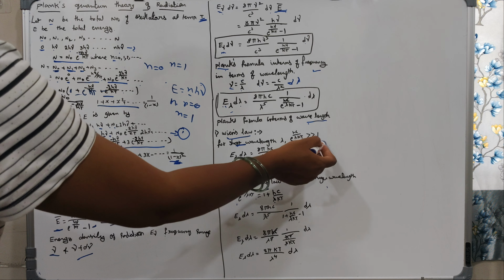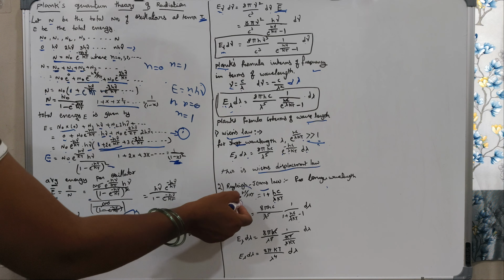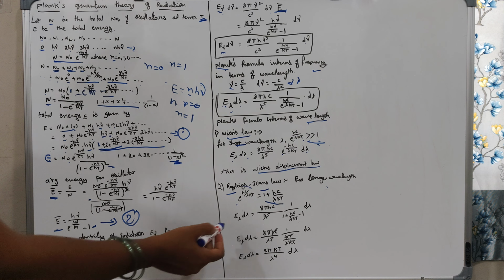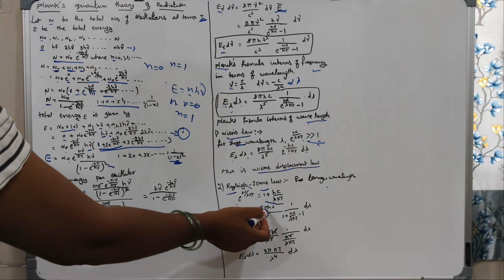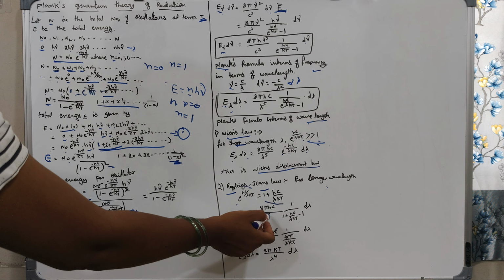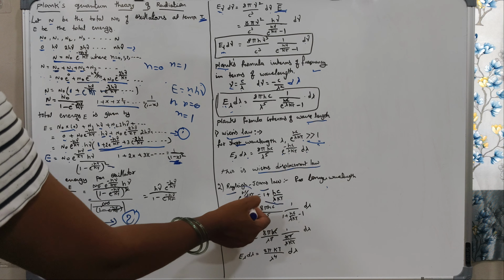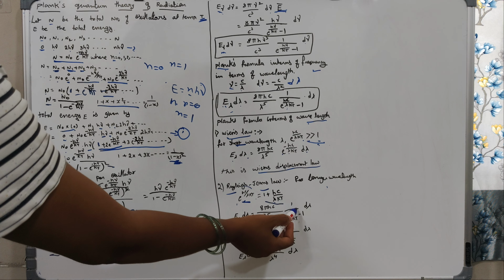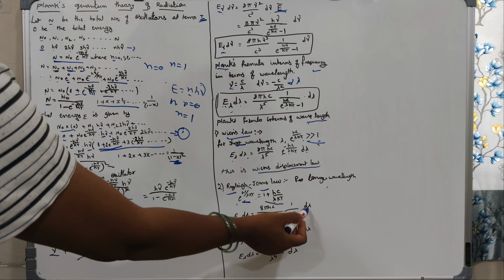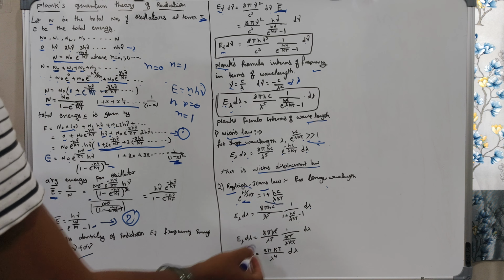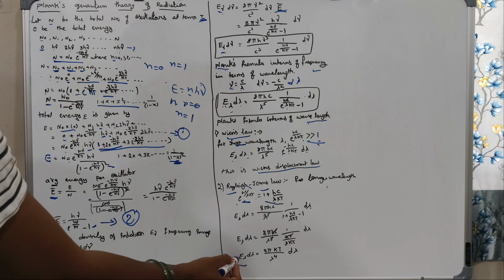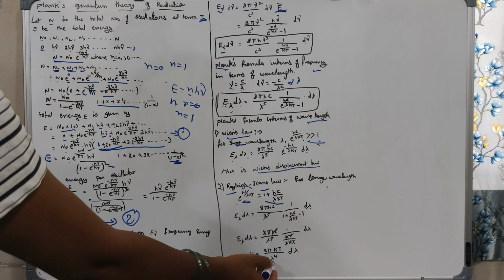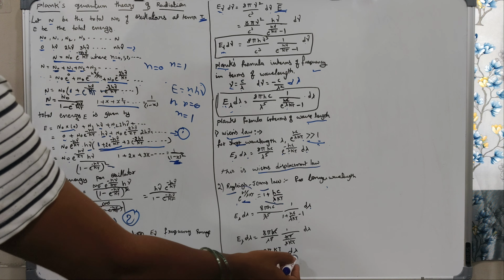Substitute this value in the equation: E lambda d lambda equals 8 pi hc by lambda to the power of 5, times 1 divided by (1 plus hc by lambda kT minus 1), into d lambda. Cancel the similar terms. Finally we get E lambda d lambda equals 8 pi kT divided by lambda to the power of 4 into d lambda.